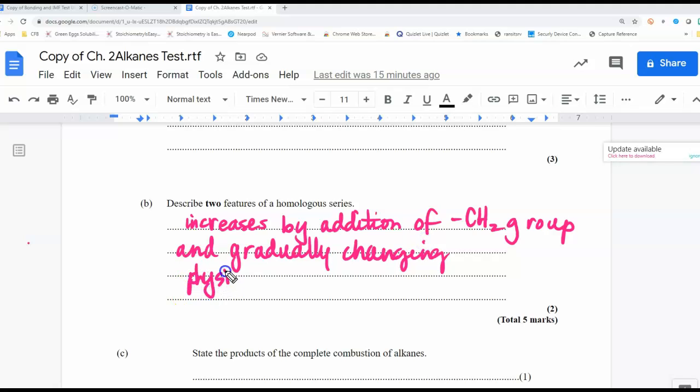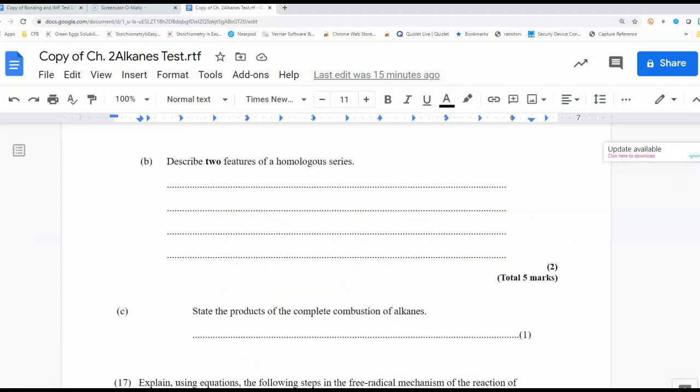Physical properties, much like the boiling point is increasing. Okay. State the products of the complete combustion of alkanes. Complete combustion leads to carbon dioxide and water. That would be it right there. Okay. All right.